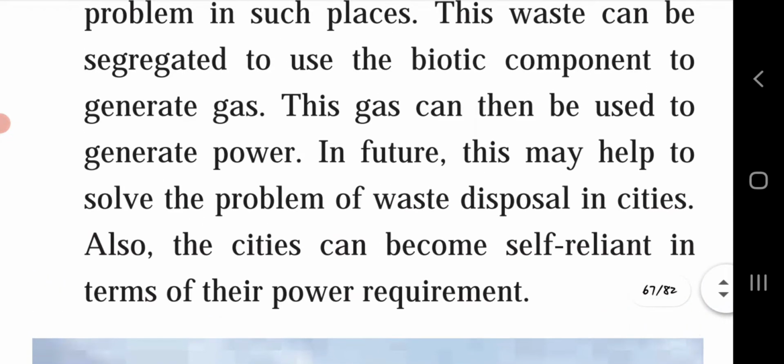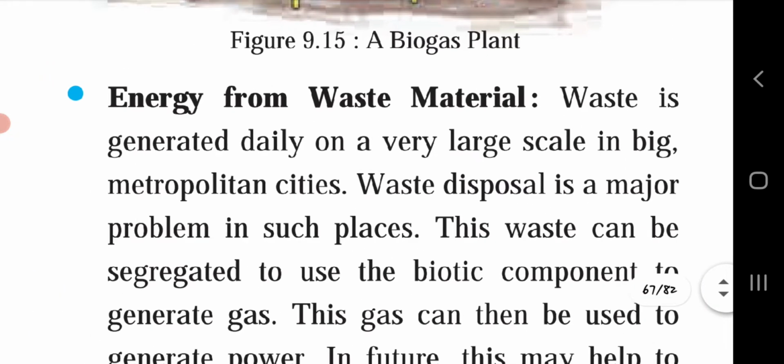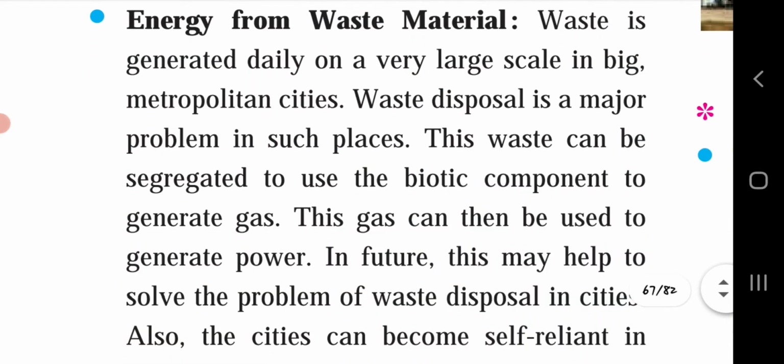So by using our waste materials also we can create energy. The big metropolitan cities have a large quantity of waste materials. The biotic components can be collected and from that we can generate gas, so that gas can be used for generating power.